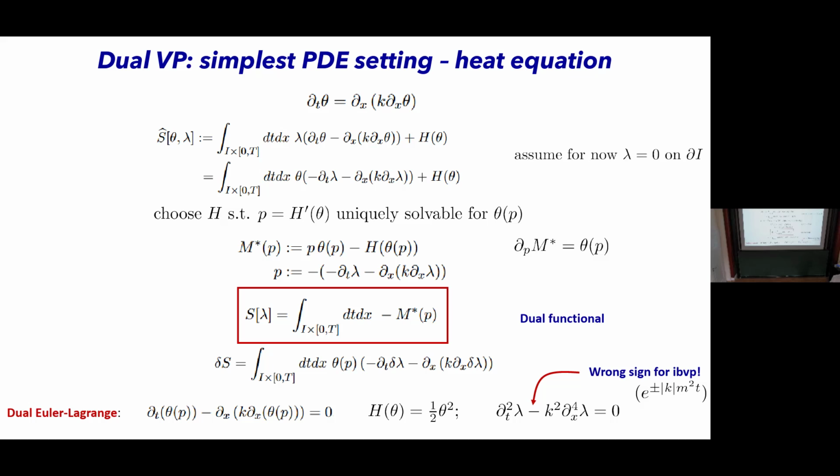Very good. At this point, you're very happy. At least I was happy. You do a little more of the exercise and say, okay, let me choose the simplest possible h, half theta squared. And I told you about the heart attack, that this is when I got the heart attack, right? Because this will be the dual Euler-Lagrange, and this is the wrong sign.